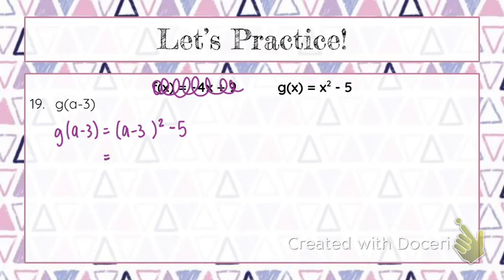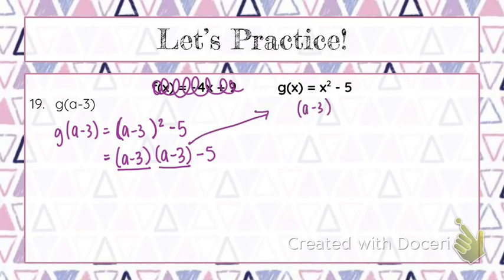Okay, when you square a binomial, that means you multiply it by itself. So a minus 3 times a minus 3, and then minus 5 on the end. So to multiply two binomials, we use the FOIL method, okay? And I'm going to bring this over to the side and do it on its own.